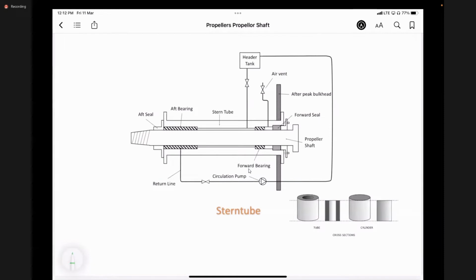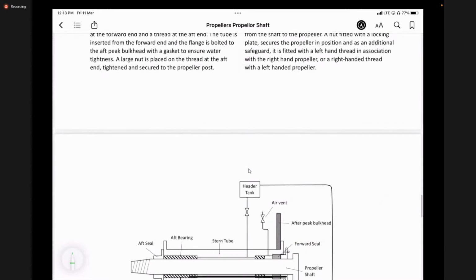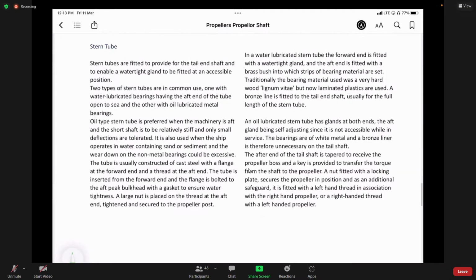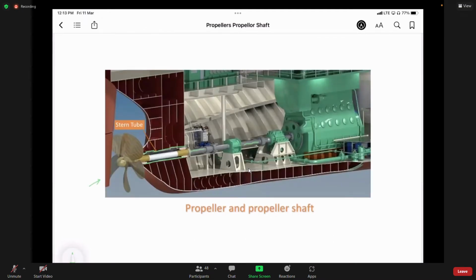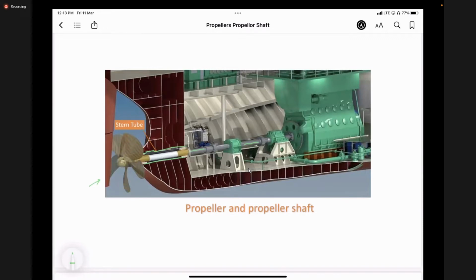Okay, देखिए. This shaft, what we do is, let me draw something. The ship aft frame, what we do is we put this tube inside.